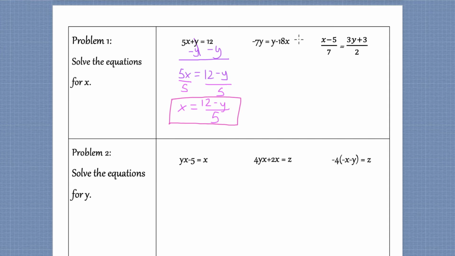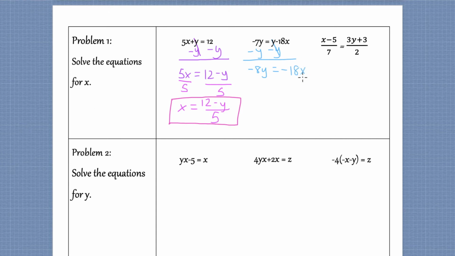For our next one over here, we want to get this negative 18x term alone, and so we're going to subtract y from this side, subtract y from the other side as well, and so minus 7y minus y gives us negative 8y, which is equal to, and then y minus y is equal to 0, so that's nothing over there, and that leaves us with negative 18x.